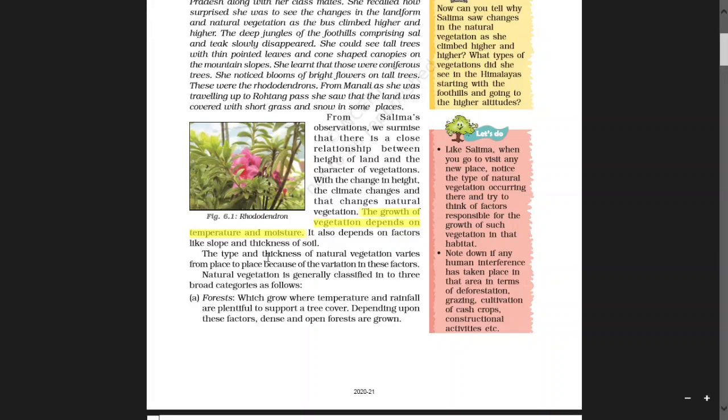The type and thickness of natural vegetation varies from place to place because of the variation in these factors mentioned above.